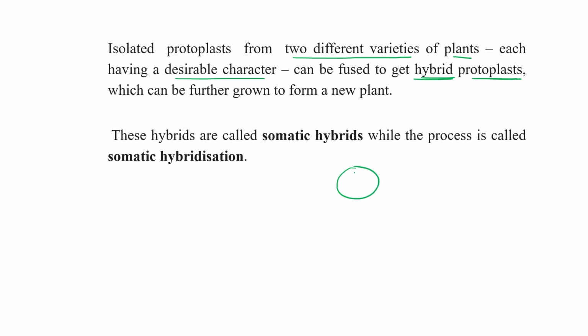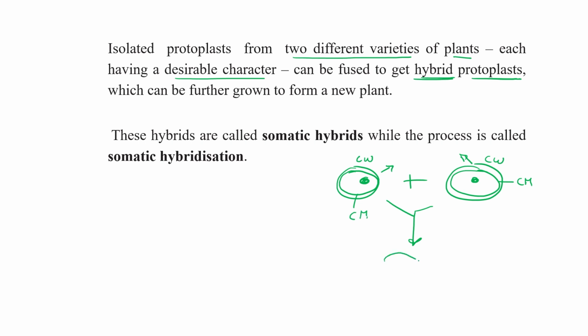Like this is a cell, this is another cell. Now, scientists just remove the cell wall. This outer covering is cell wall, this one is cell wall, this one is cell membrane, the inner membrane. They just remove the cell wall and then fuse the two protoplasts.